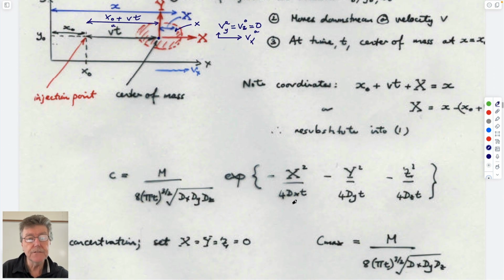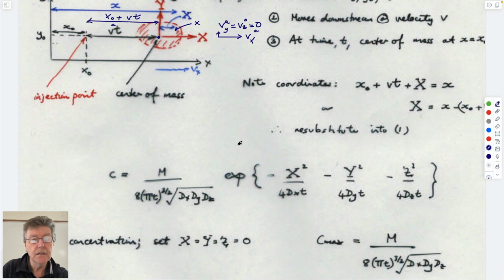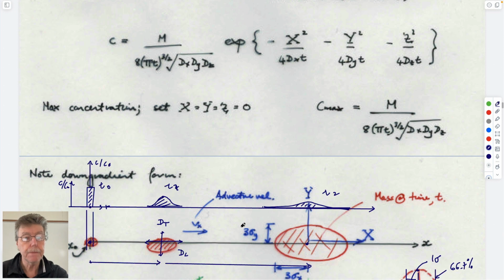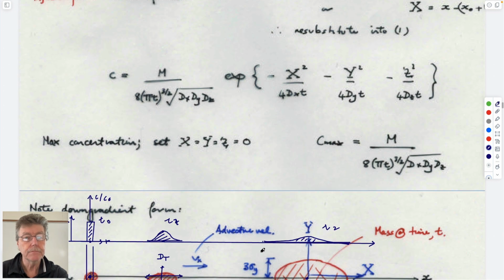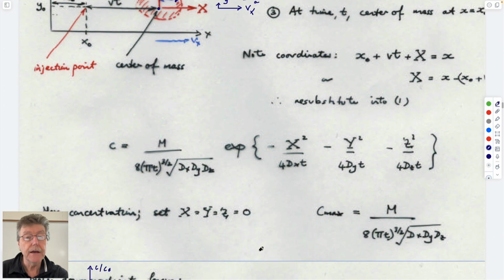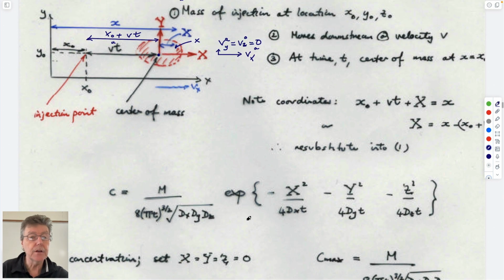And if it's relative to the center of mass here, then these are the values that you use to plot. Okay. And so if you want to get the maximum concentration, it's always going to be at the middle. The middle of this is always going to be at the values of this, which are 0, 0, and 0.